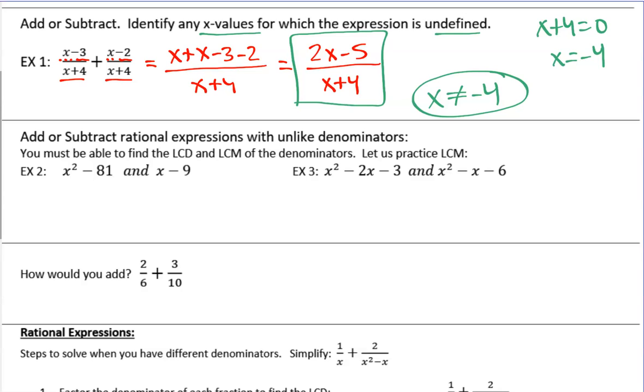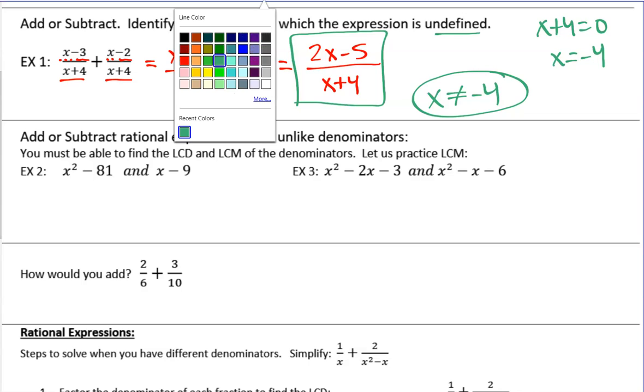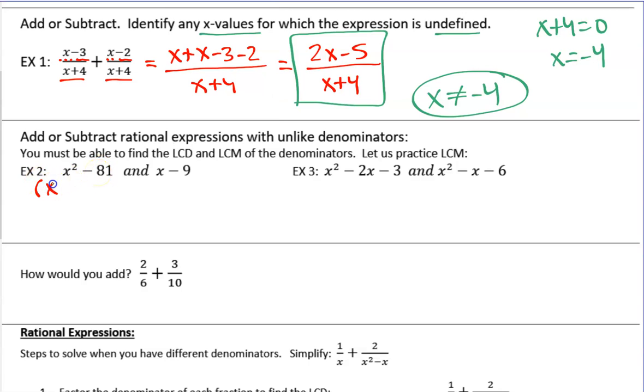If we have different denominators that are polynomials, we need to remember how to factor, and then we pick all of our different factors and they become the common denominator together. Like right here on example number 2, x squared minus 81 is a difference of squares that we can factor into x plus 9 and x minus 9.